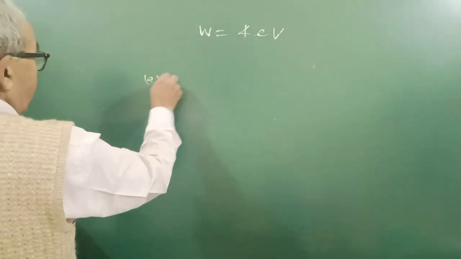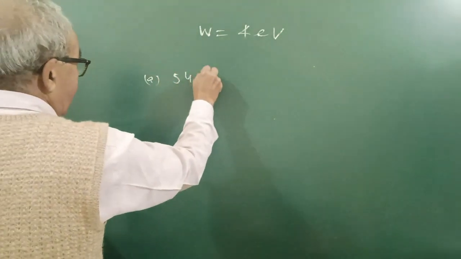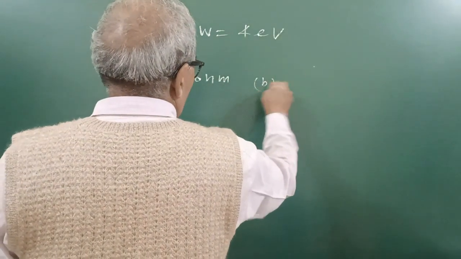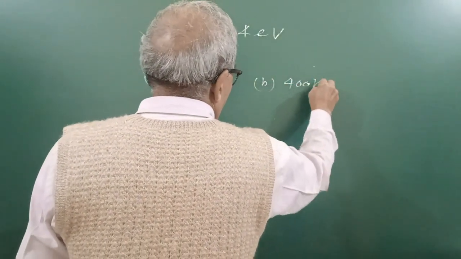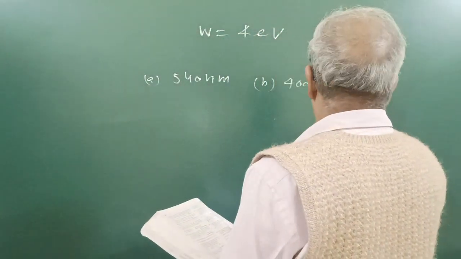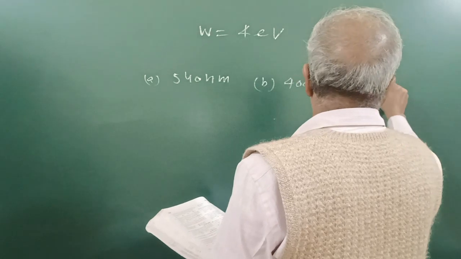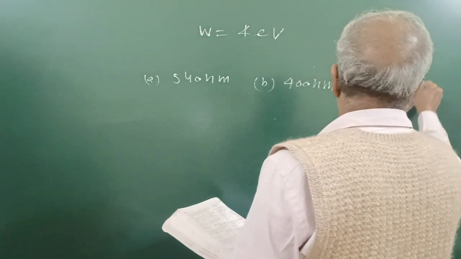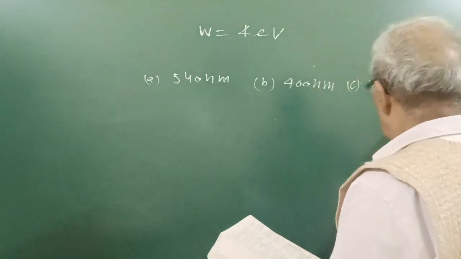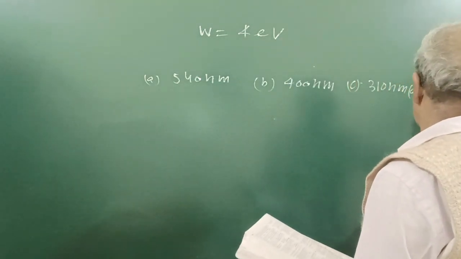Option A is 540 nanometer, B is 400 nanometer, and C is 310 nanometer, and D option is 220 nanometer.